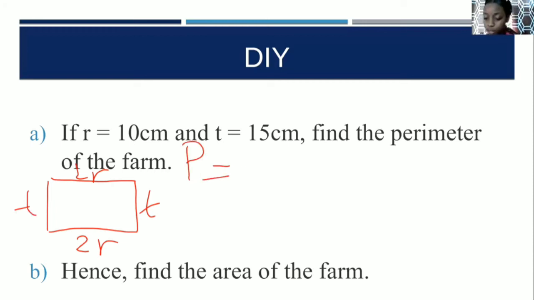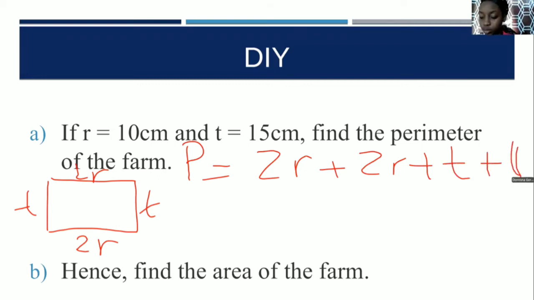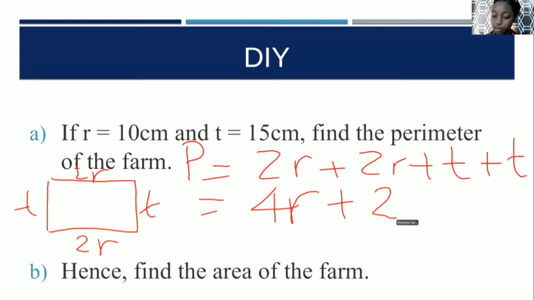The perimeter is going to be 2r plus 2r again plus t plus t. There's too many lines. All right, good. So now you can simplify this to say 4r plus 2t.